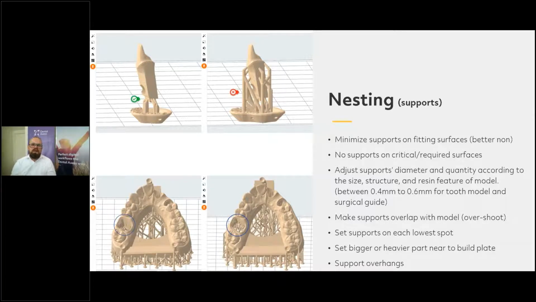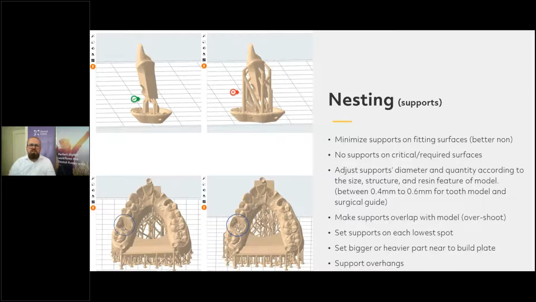Everything you have to cut away takes time and adds inaccuracy. So make sure there are no supports on critical required surfaces. For example, on the top right picture, you see there's a connector or support pin on the margin line. That's absolutely something you don't want, because that's going to damage the margin line, and then you have an inaccuracy.